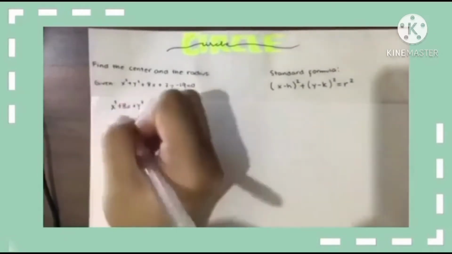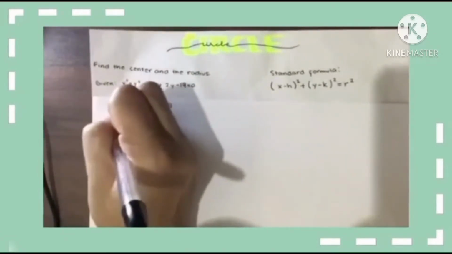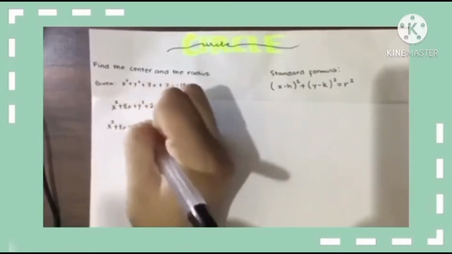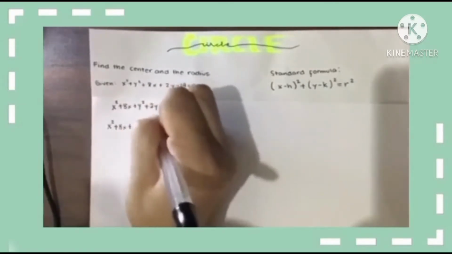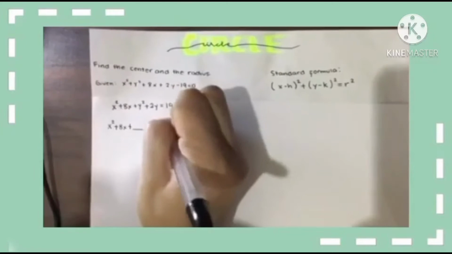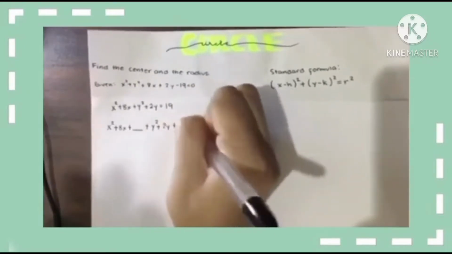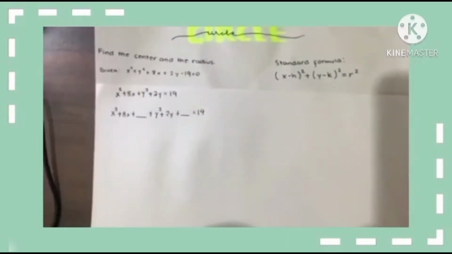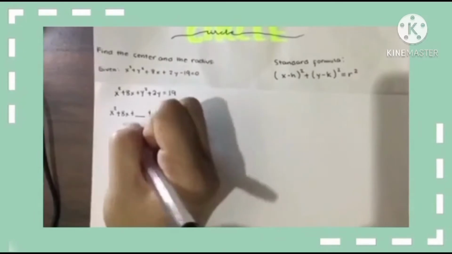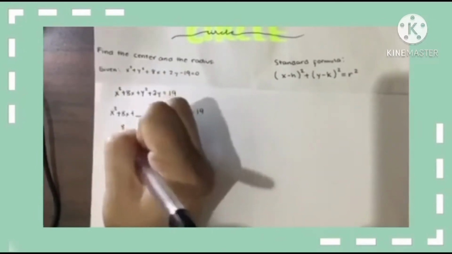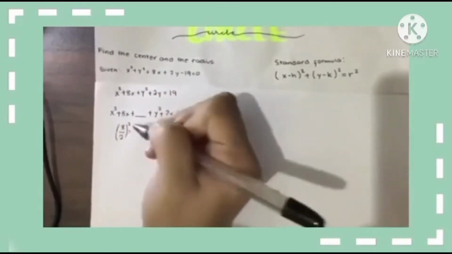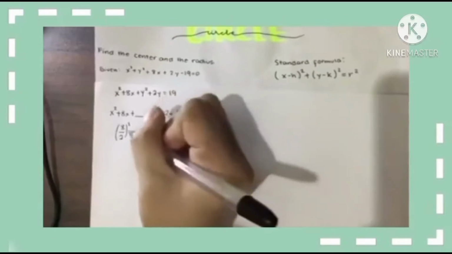The next step is the completing the square process. x squared plus 8x plus blank, plus y squared plus 2y plus blank, equals 19. In order to complete the square, we should divide this 8 by 2 and square it. 8 divided by 2 is 4.